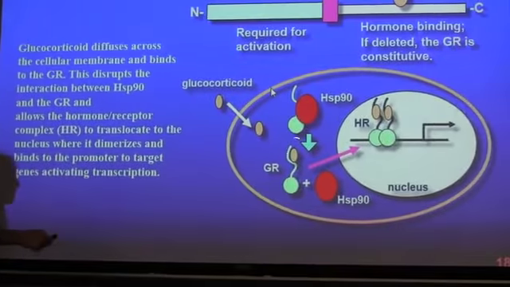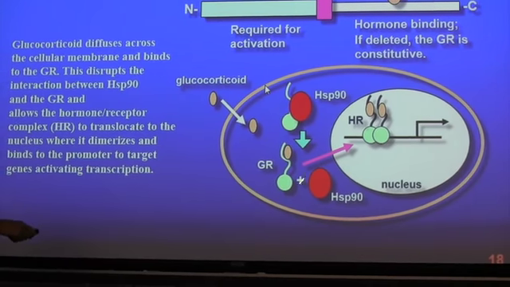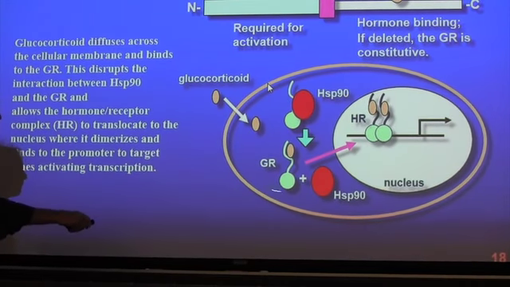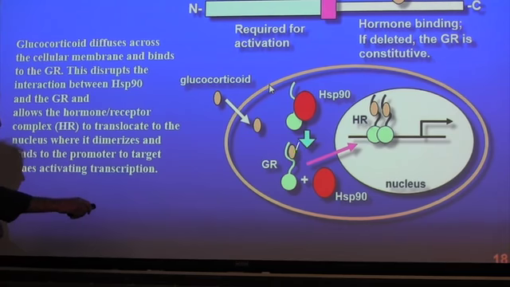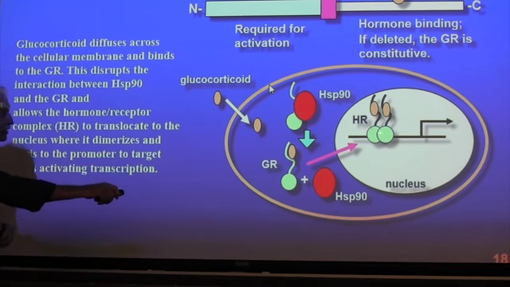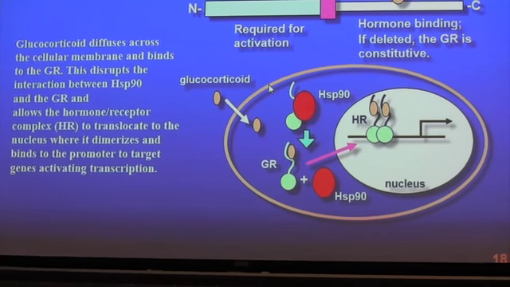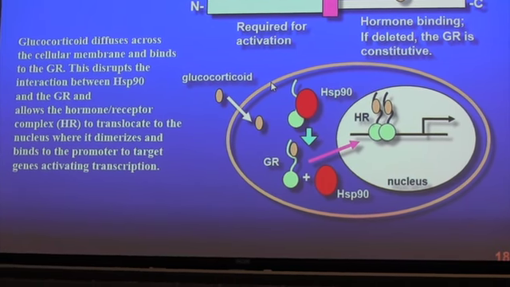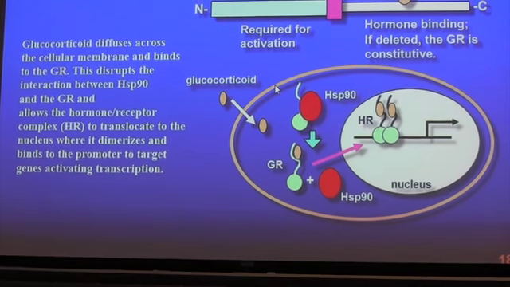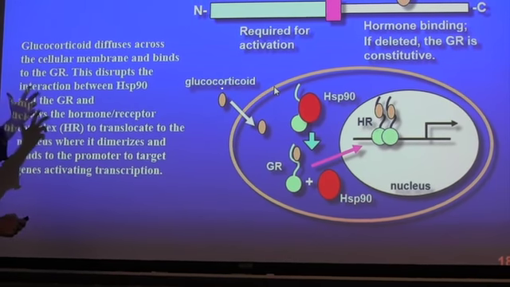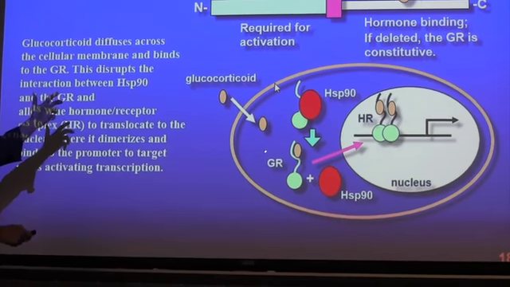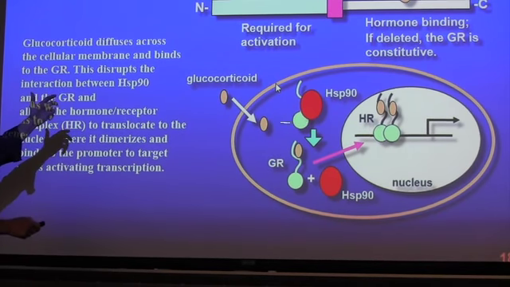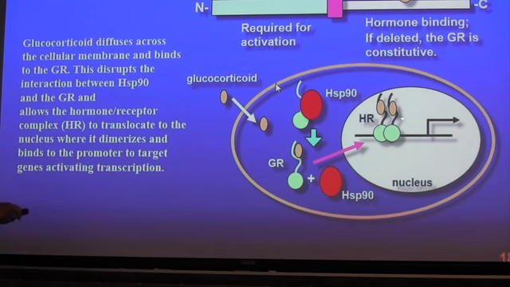In this case, it exposes the nuclear localization domain of the glucocorticoid receptor, and now the glucocorticoid receptor with the ligand, with glucocorticoid still bound to it, goes to the nucleus, finds its promoter, and activates a whole series of genes. So this kind of regulation, here you see the glucocorticoid on the outside of the cell, freely diffusing through the membrane, and then making contact with the glucocorticoid receptor, HSP90 leaving, and it going to the nucleus.